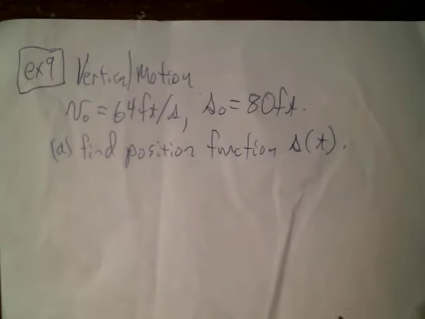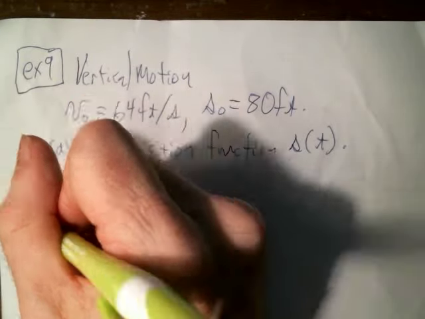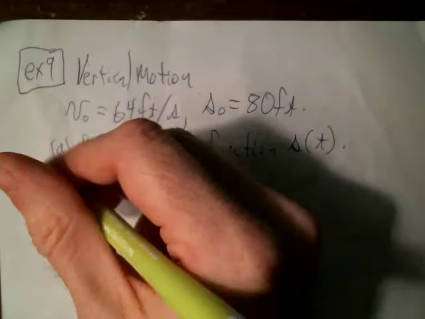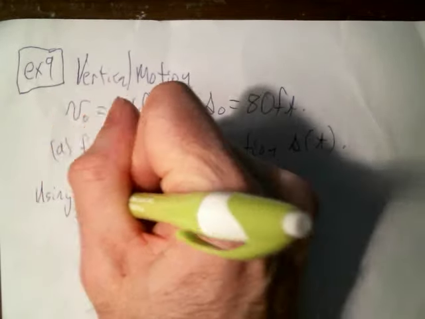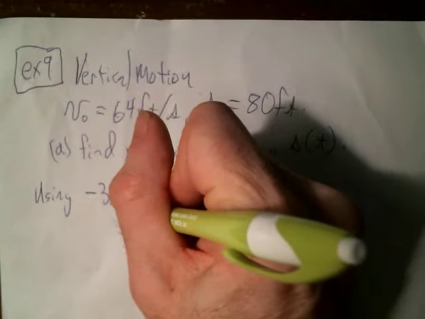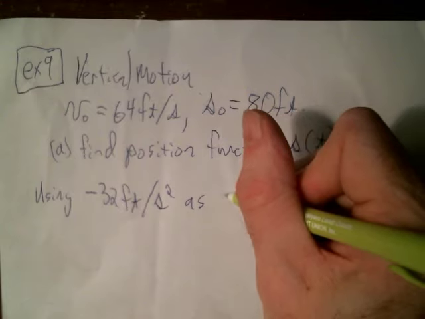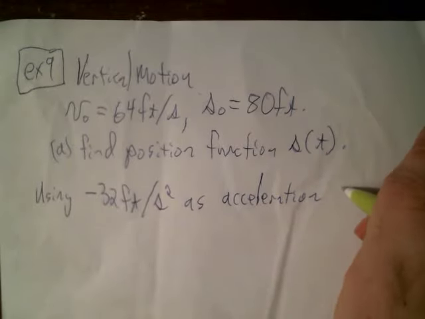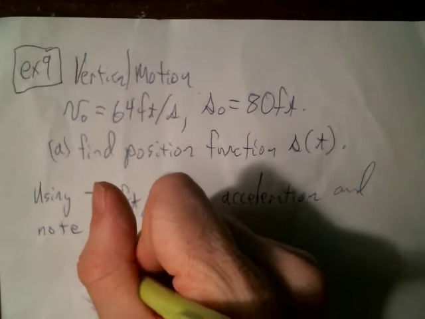Okay, so I start with my acceleration, because acceleration is going to be the second derivative. We're going to use negative 32 feet per second squared as our acceleration. And also note that's the second derivative of the position function.